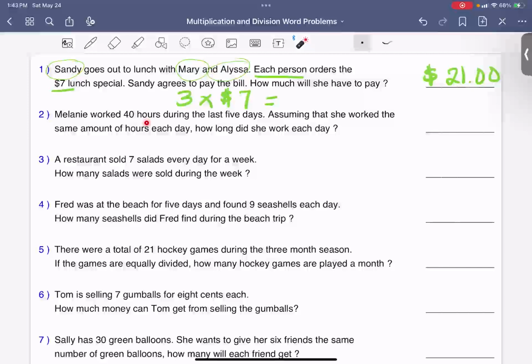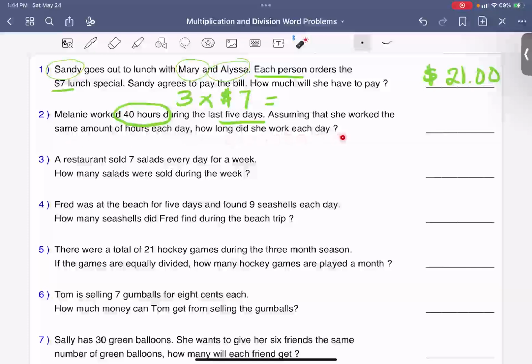Let's look at number two. Melanie worked 40 hours during the last 5 days. Assuming that she worked the same amount of hours each day, how long did she work each day? So let me find the key information. She worked 40 hours during the last 5 days, and each day the same hours.